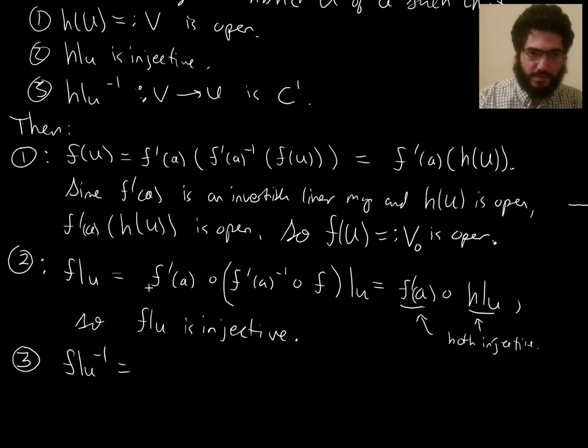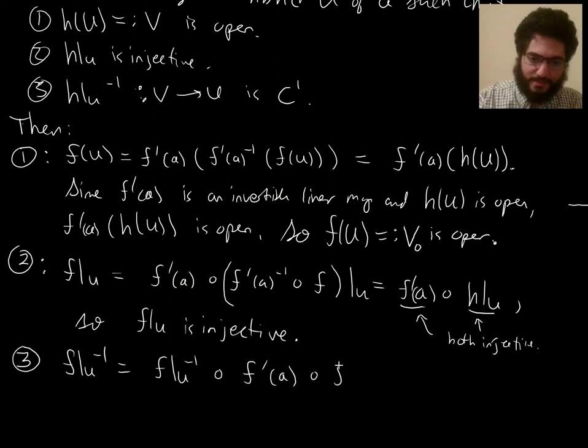To relate that to the inverse of h restricted to u, I'm going to need to compose with f prime a, but I actually need to make the compositions happen on the right side rather than the left side, since the inverting is going to flip things around. So just bear with me and see what happens here.